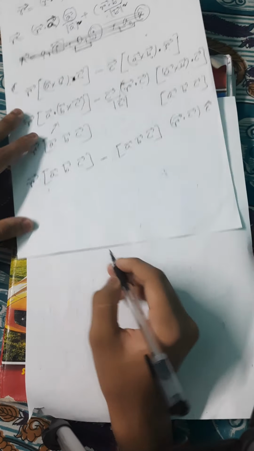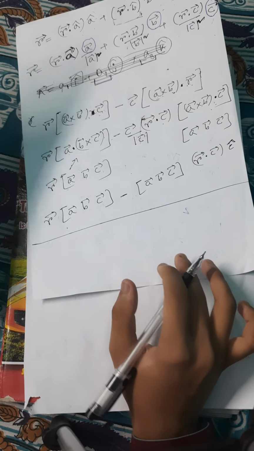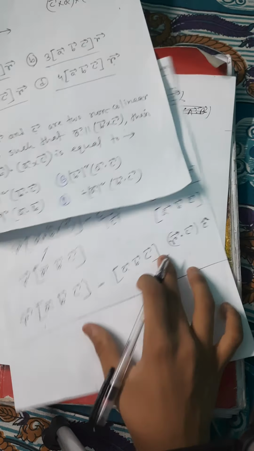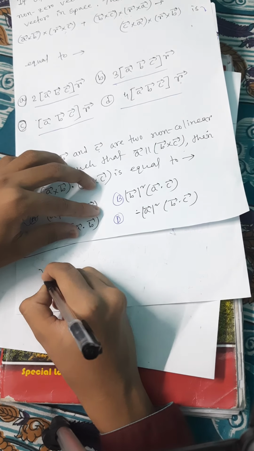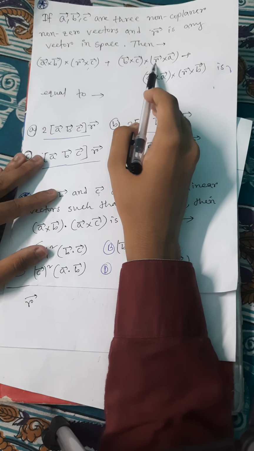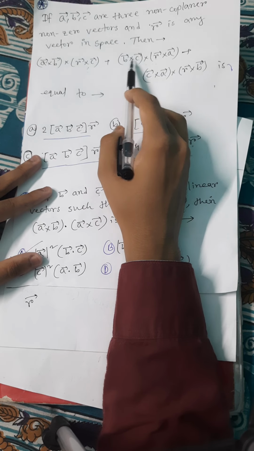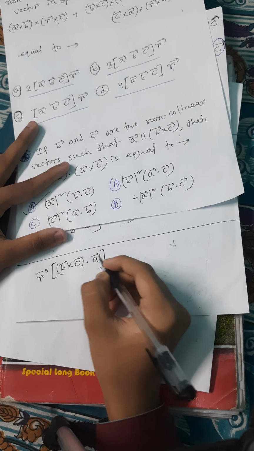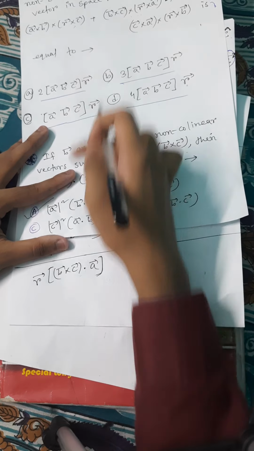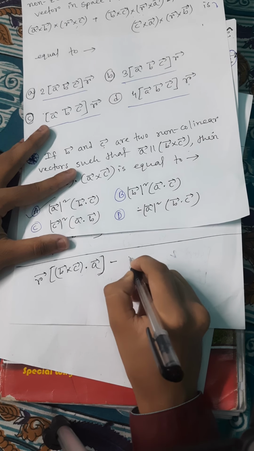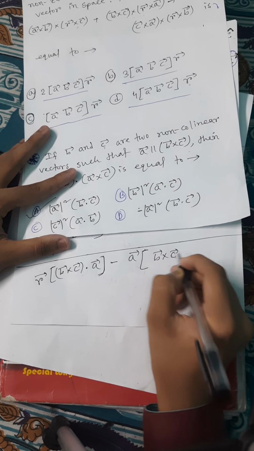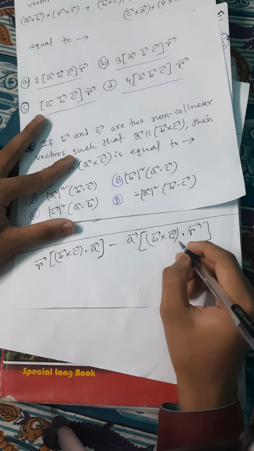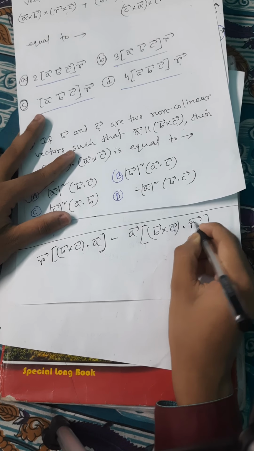Now write it as, so first part and this part, see, this part similarly expand R as then B cross C dot A. So B cross C dot A, R vector B cross C dot A minus A vector B cross C dot R. B cross C dot R and B cross C dot A, okay, fine.